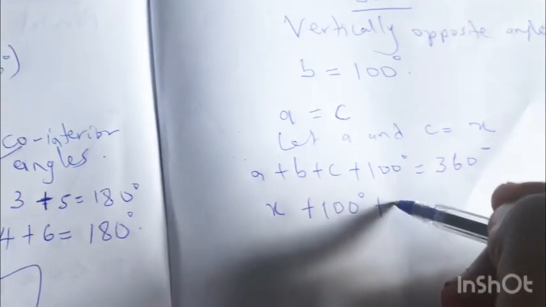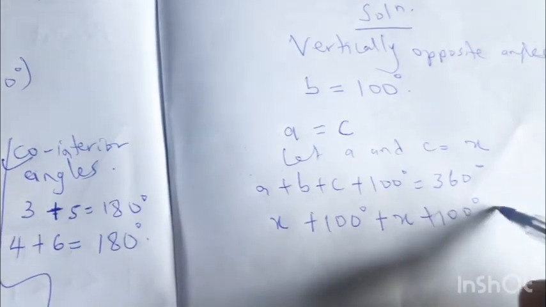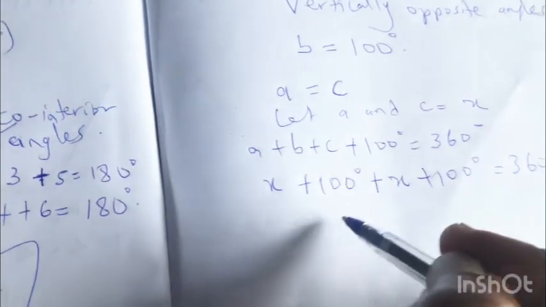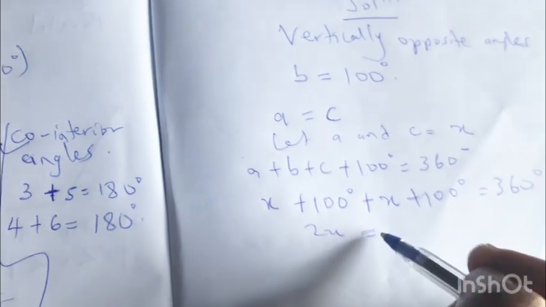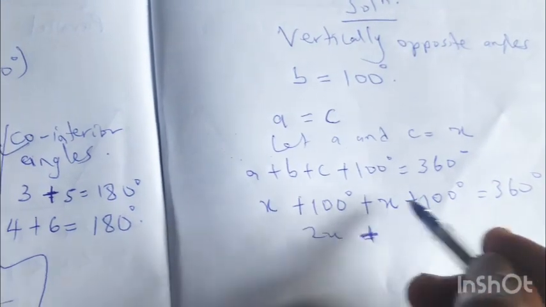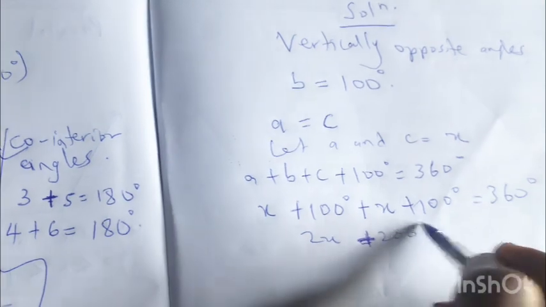We don't know. So we say let C also be x. So x plus 100 degrees is equal to 360. Now let's add x plus x, 2x, plus 100 plus 100, 200 is equal to 360 degrees.